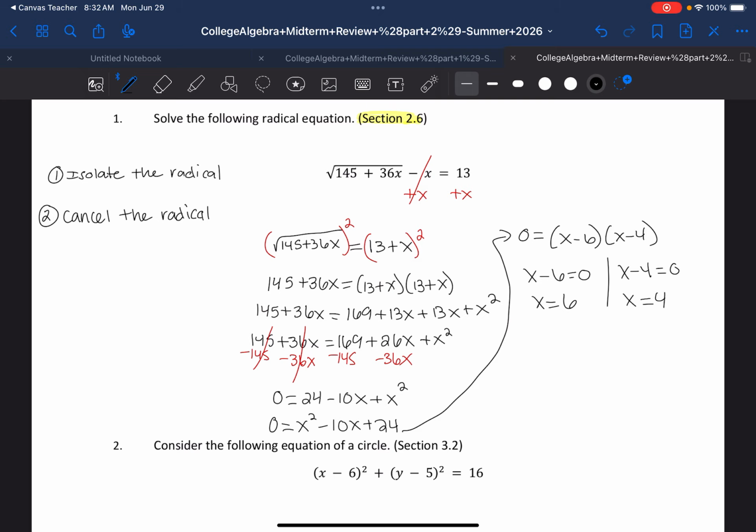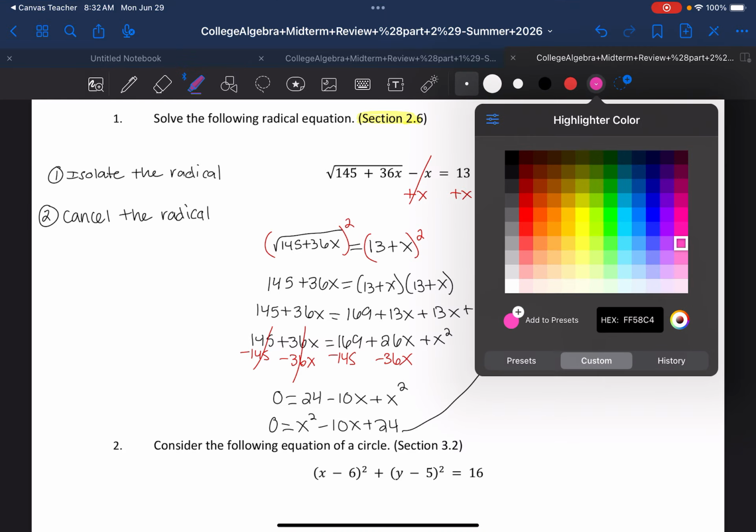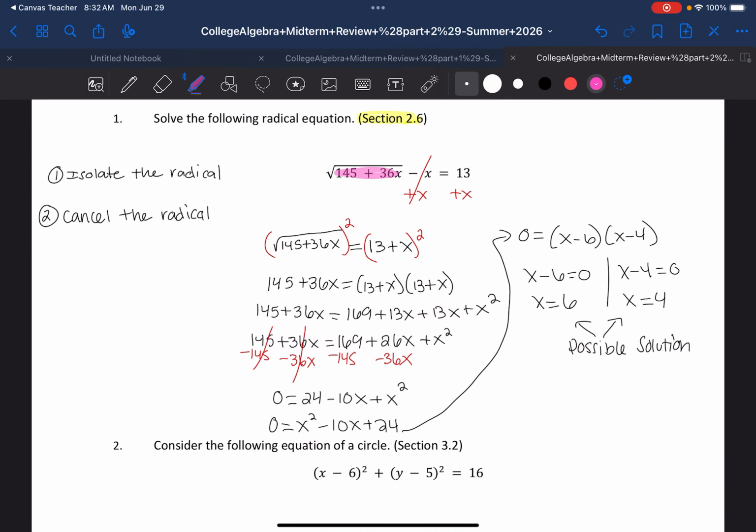Okay, now these are possible solutions. But just like with the rational equations, there's restrictions on these types of equations with radicals, because the expression underneath the radical cannot be negative.